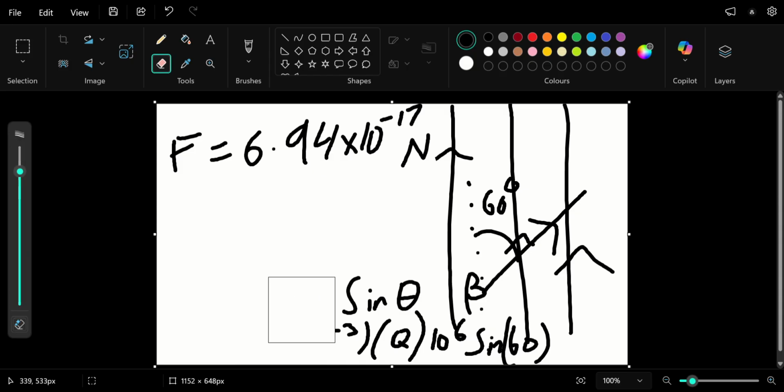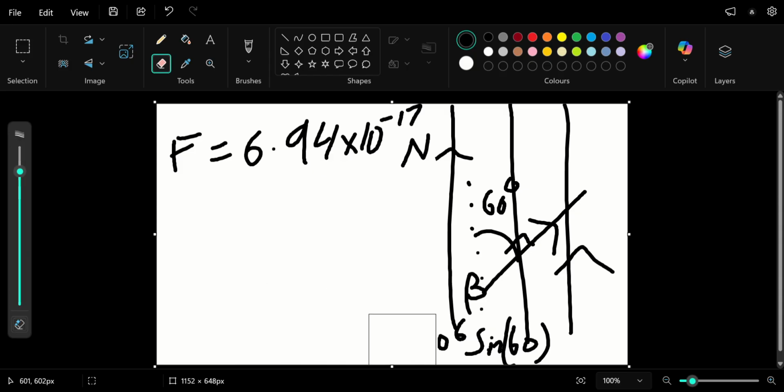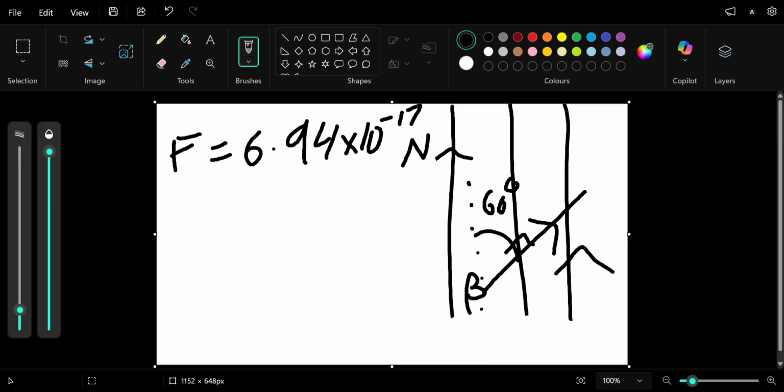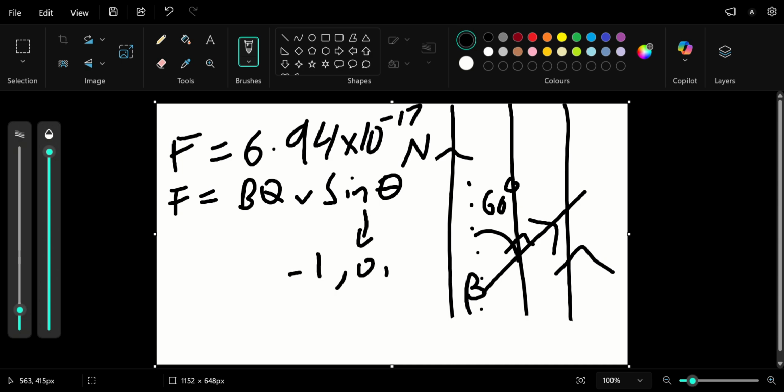But say I want to find the maximum force that the charge can experience. Well, in this case, that moving charge, our beta particle, will have to move perpendicular to the magnetic field lines. And looking back at the equation, the only way to make sure that F is a maximum is that sine theta has to be equal to 1, because that can range from -1 to 0 to 1 if we remember the graph for sine theta.